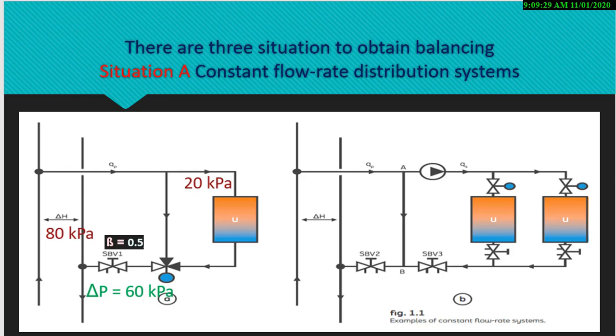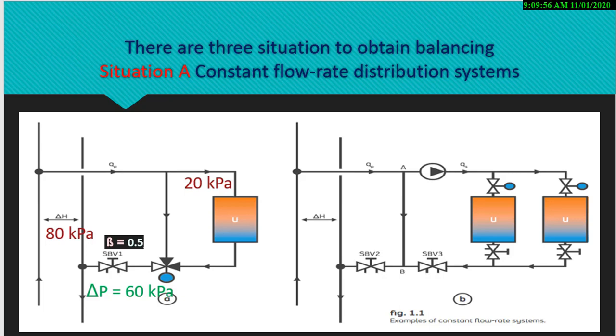Practically, the pressure drop on the control valve must be the same as the downstream pipe. If the pressure drop in the pipe plus the pressure drop of the control valve is 20 kPa and the differential pressure available delta H is 80 kPa, then the 60 kPa difference must be removed by a static balancing valve.